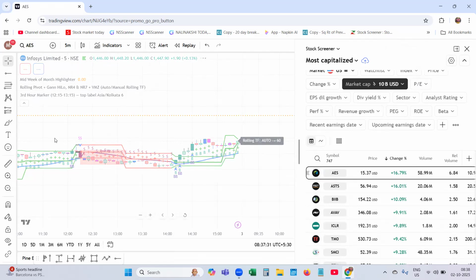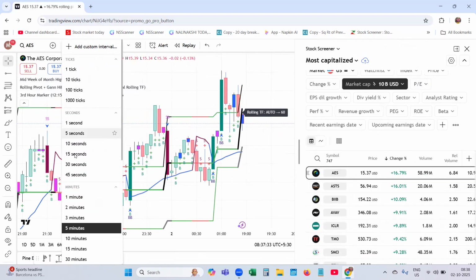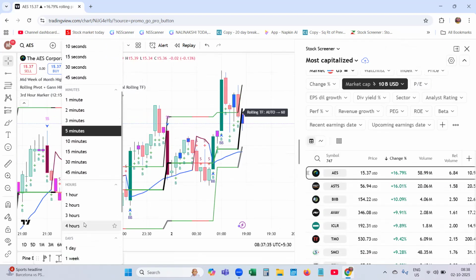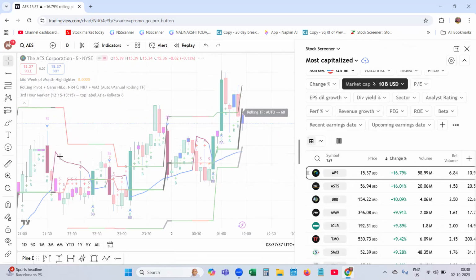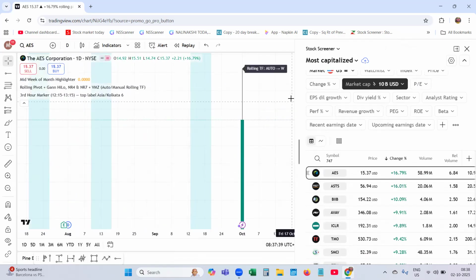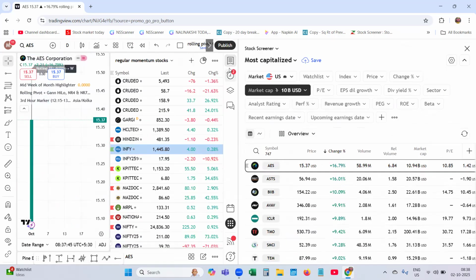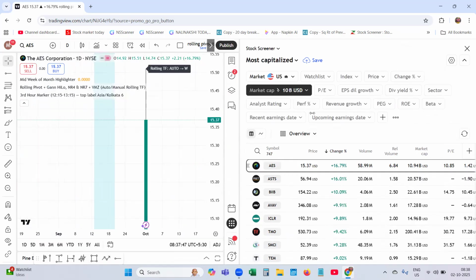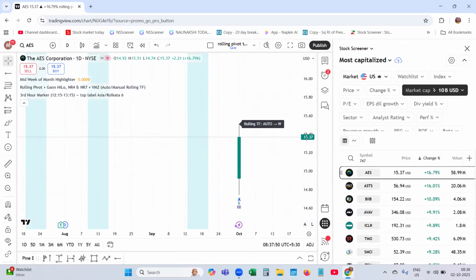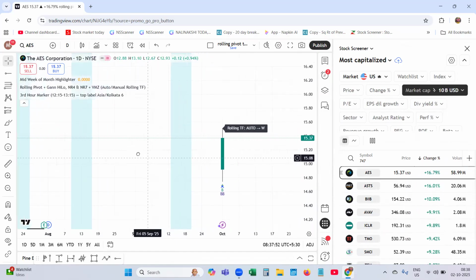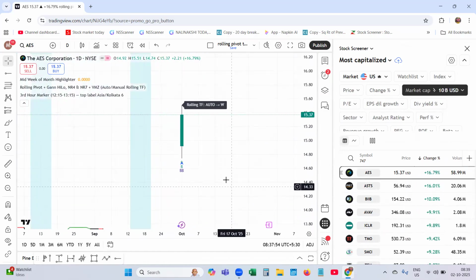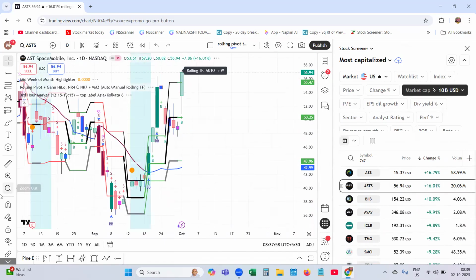Let me go to the daily, and let me change to split screen so that I can show it to you people. On daily, probably this must be a new IPO or something. Let me click on this stock.